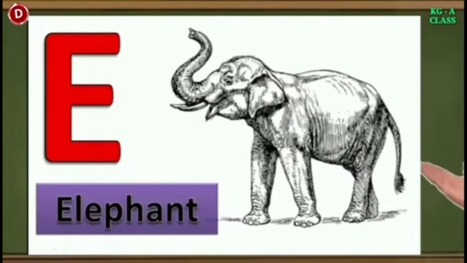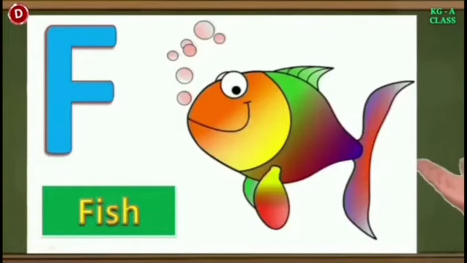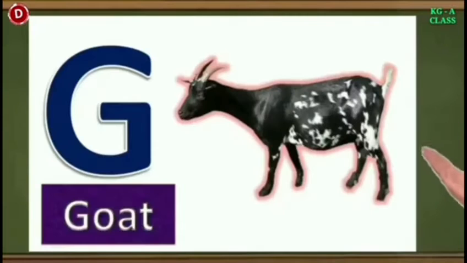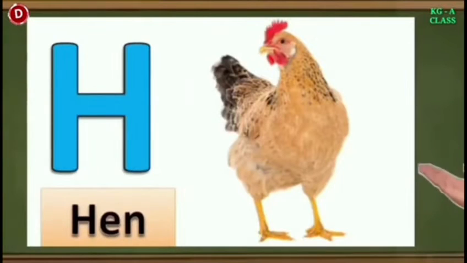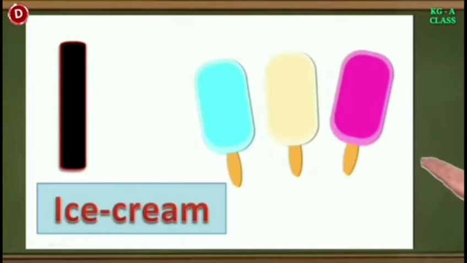Look here. This is E. E for elephant. Now the next letter is capital F. F for fish. Children, this is G. G for goat. Now comes H. H for hen. Children, the next letter is I. I for ice cream.